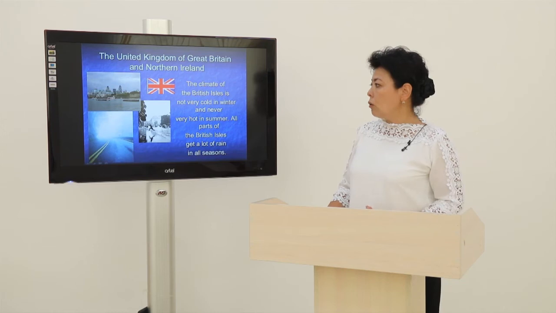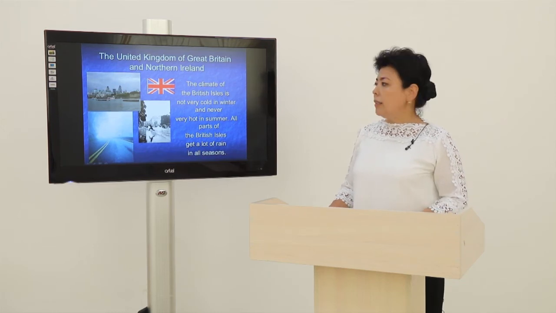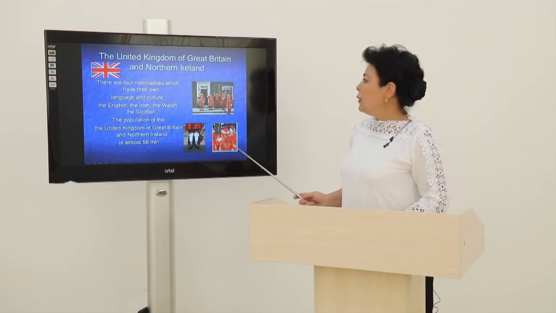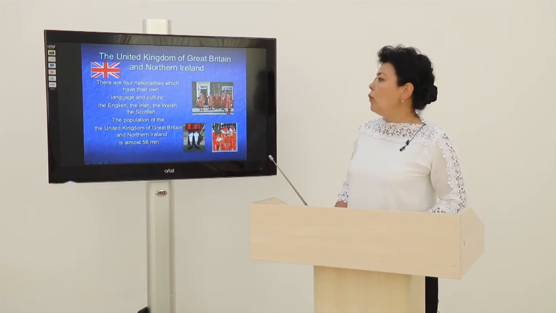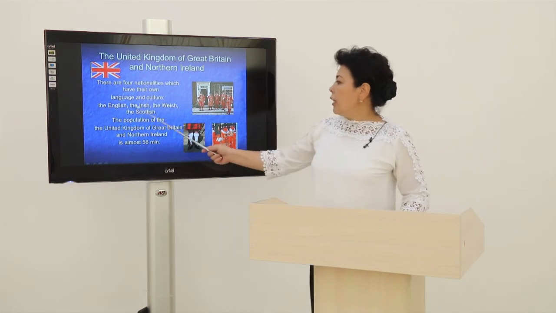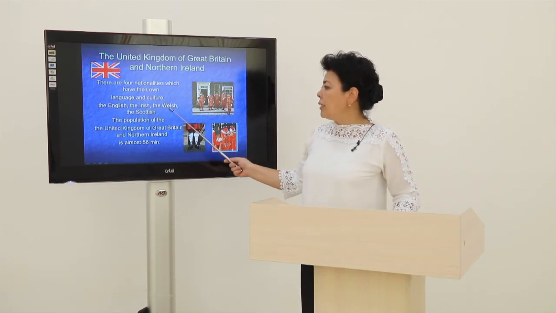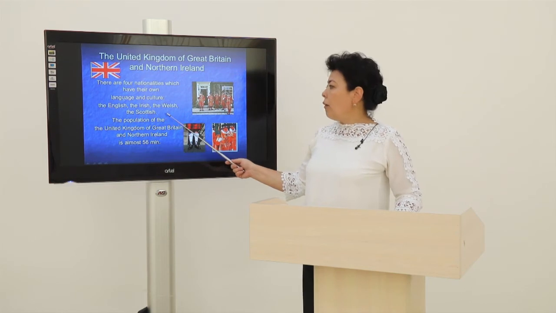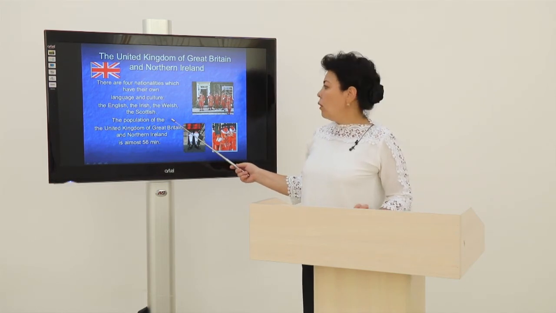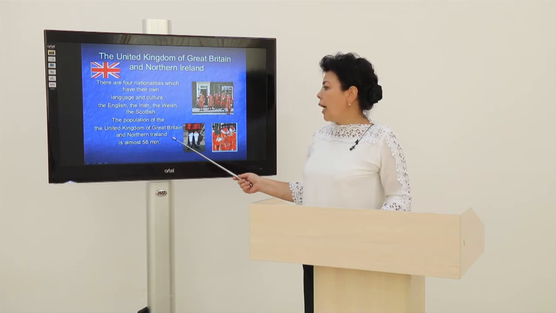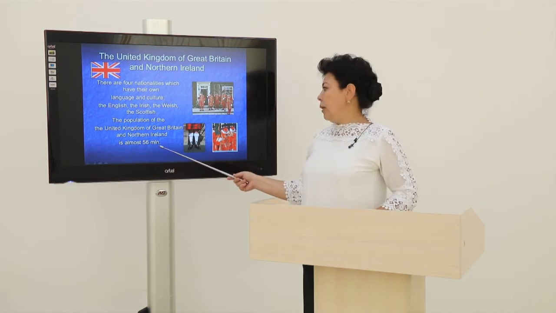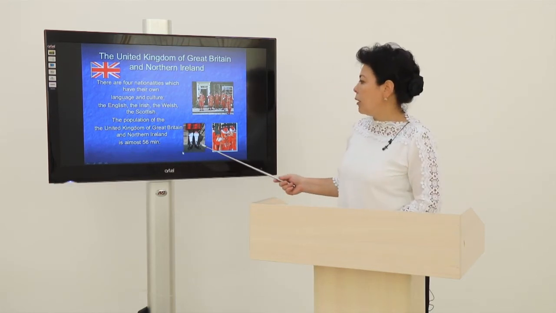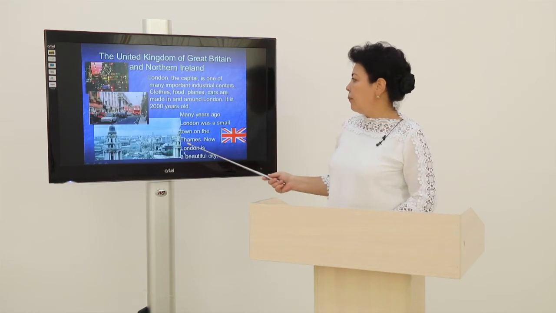In the United Kingdom of Great Britain there are four nationalities which have their own language and culture: the English, the Irish, the Welsh, and the Scottish. So there are four languages and four cultures. The population is almost 56 million people.